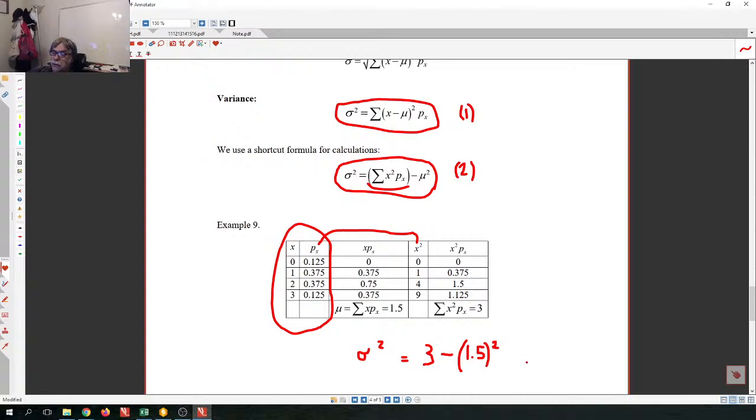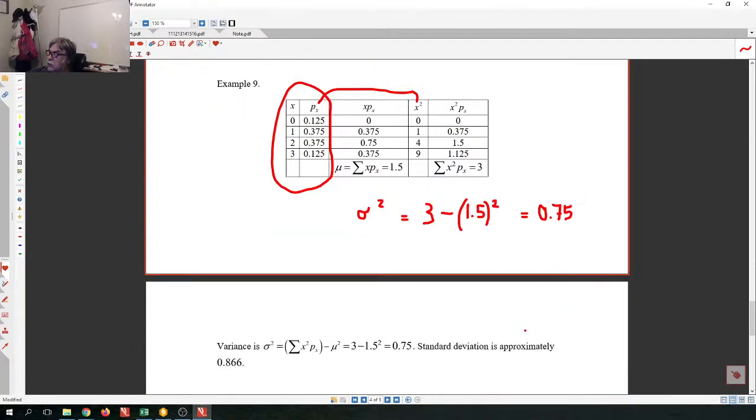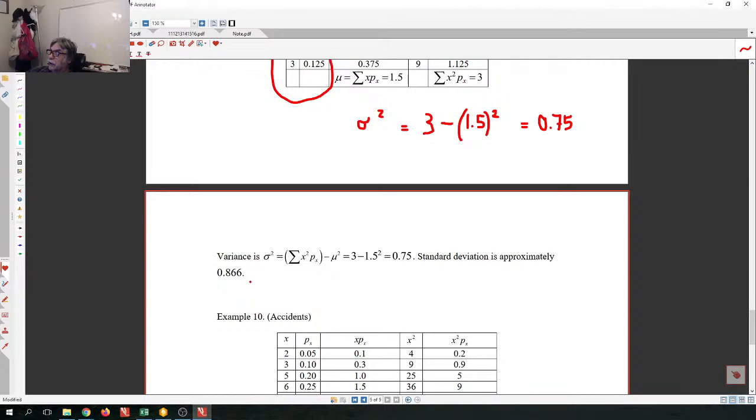You can square this. And you end up subtracting 3 minus 2.25, which is, check with your calculator, 0.75. That's the variance. Now, if you're interested in the standard deviation, of course, you're going to have to take a radical. And the radical will be approximately 0.866. Okay?